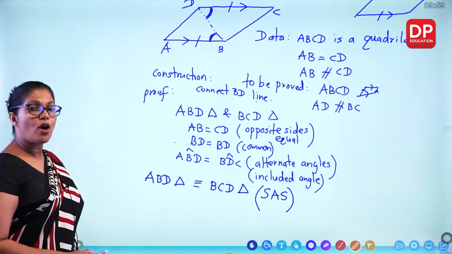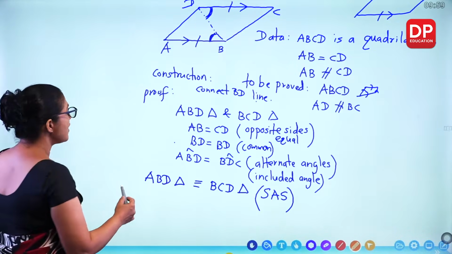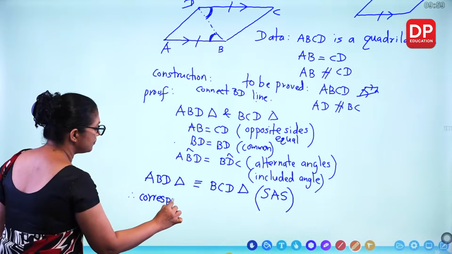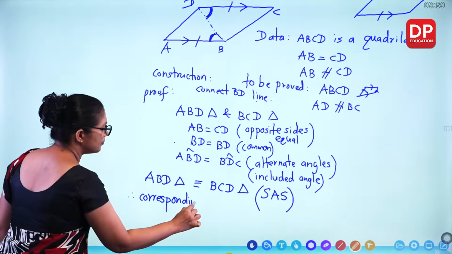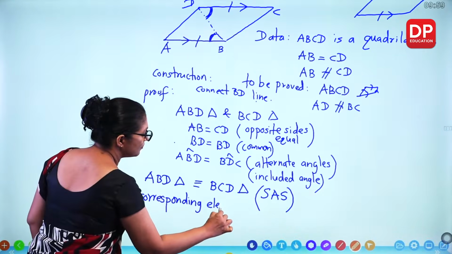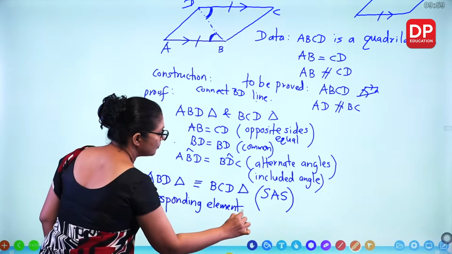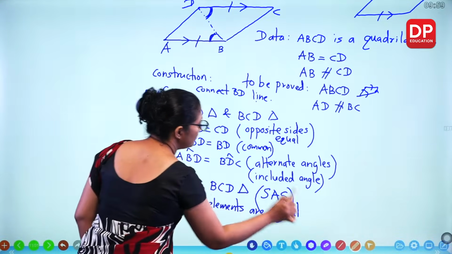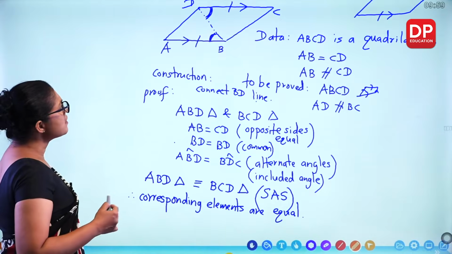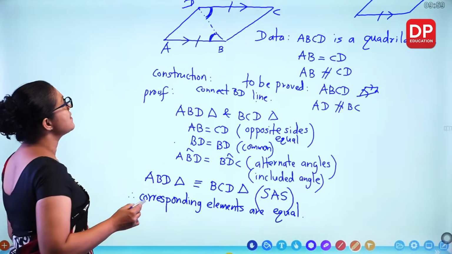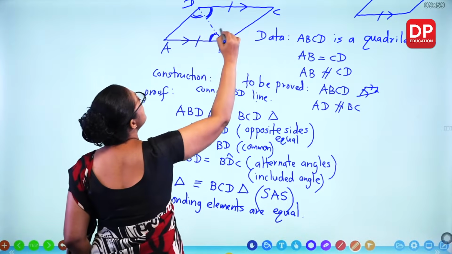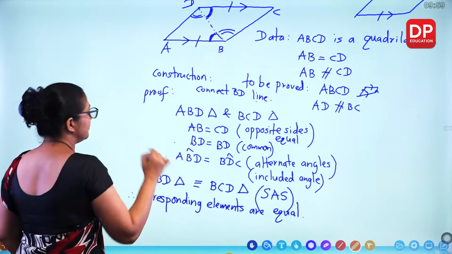Now these two are congruent, so the corresponding elements are equal. Corresponding elements are equal means I can say this angle opposite to this line is equal to this one.